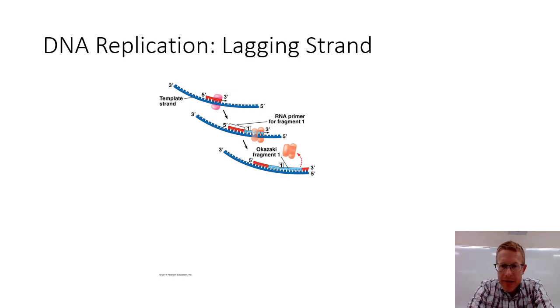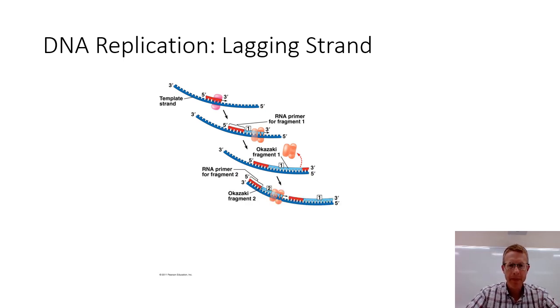When it reaches the primer that was added before, then it will stop. Okay, the DNA polymerase III will stop, and so you'll have a little fragment of DNA between two RNA primers. That's called an Okazaki fragment. And that just keeps happening. Okay, so the helicase is unzipping and unwinding, and DNA primase is adding RNA primers, and then DNA polymerase III is adding Okazaki fragments between those primers.